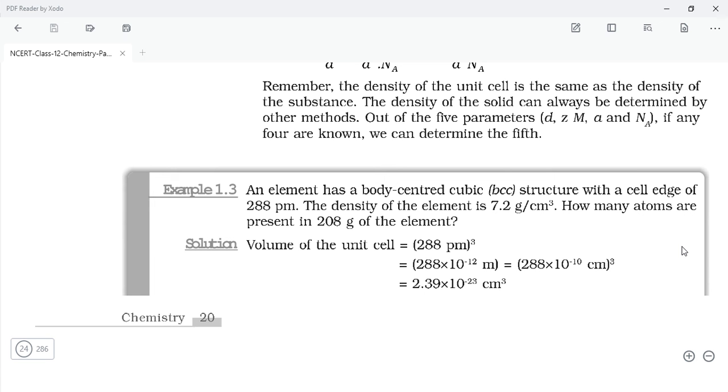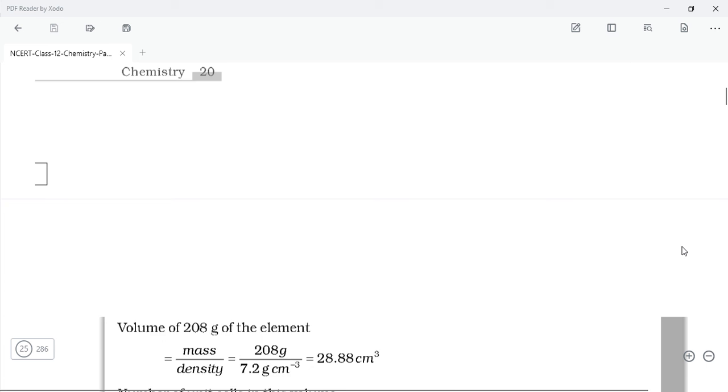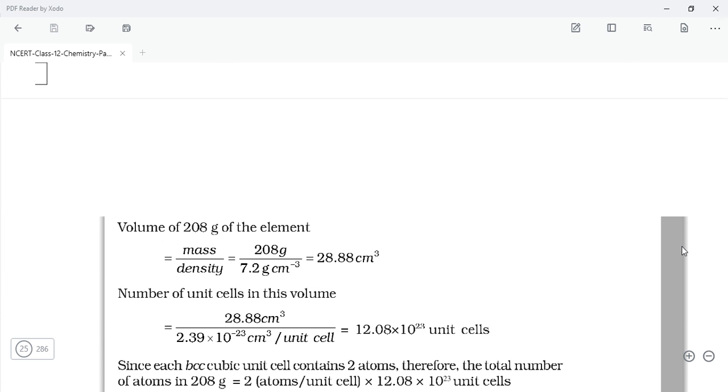So volume of the unit cell is 288 picometers whole cube. Then you calculate, it comes out to be 2.39 into 10 to the power minus 23 centimeter cube. Volume of 208 gram of the element is equal to mass upon density, that is 28.88 centimeter cube.